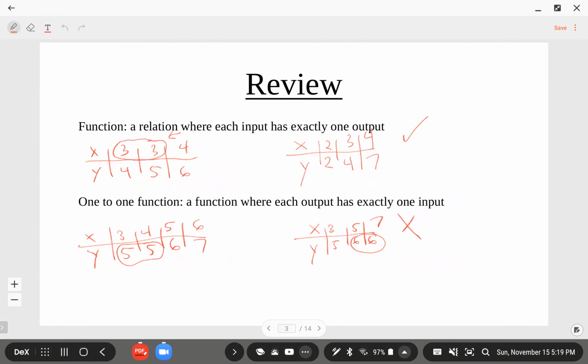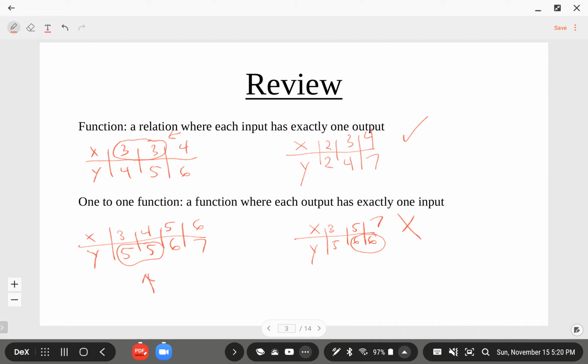The reason that the horizontal line test works is very similar to why the vertical line test works. Here you see we have an output 5 that corresponds to the inputs 3 and 4. That is totally fine because it is a function, but not a one-to-one function because this output 5 does not have exactly one input.